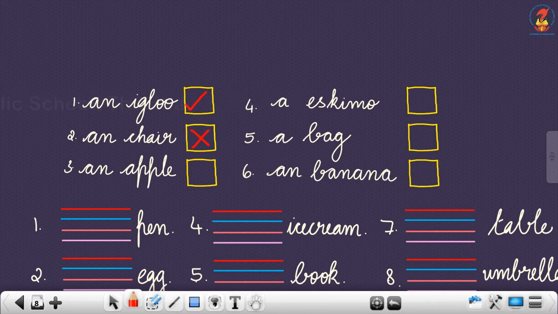Third one, an apple. Here apple, A is a vowel sound, and we should write the article an. So it is a correct word. Next, a Eskimo.